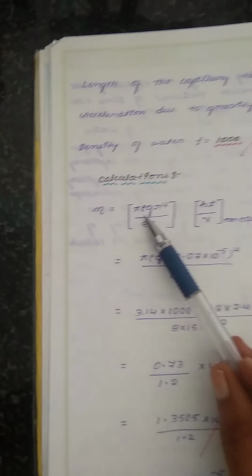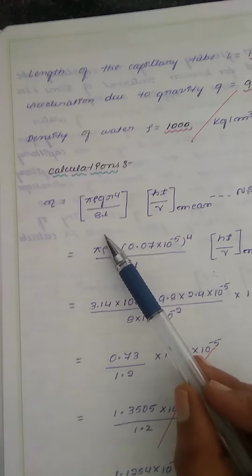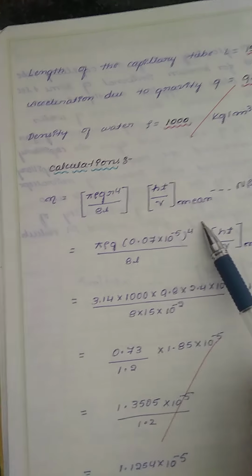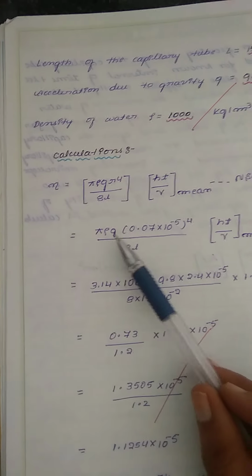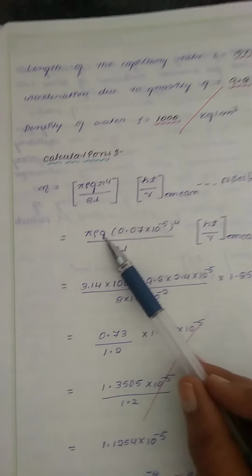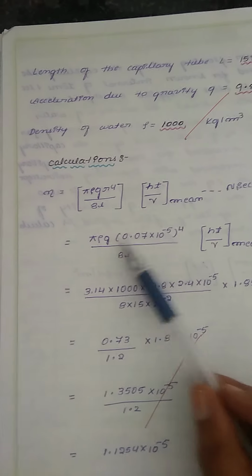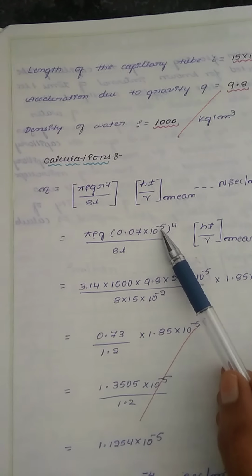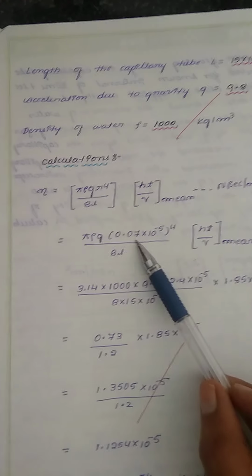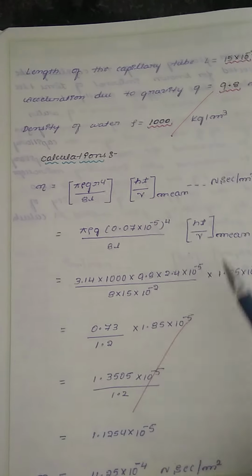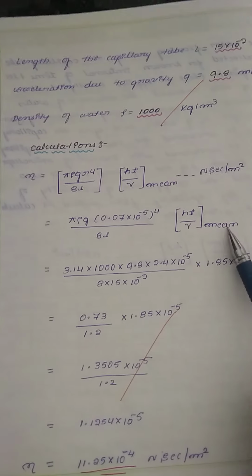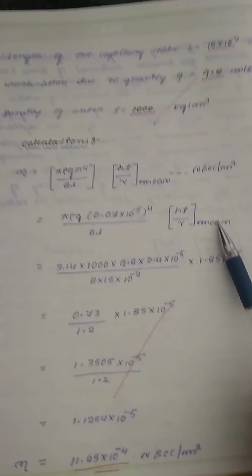Using the formula eta equals pi rho g r to the power of 4 divided by 8L, into Ht divided by V mean value. You know the constant values: there is the pi value, the density of water, and gravity g is 9.8. The radius we get using the travelling microscope readings. Then L is the length of the capillary tube, and Ht divided by V is the mean value from the tabular column.